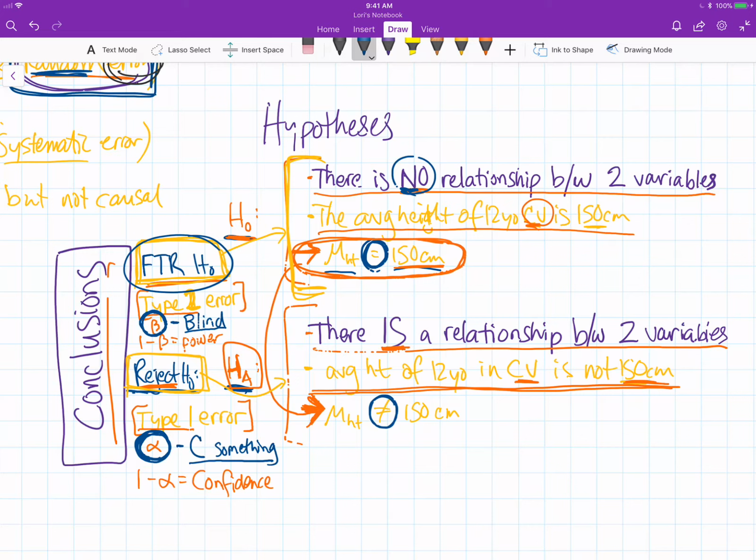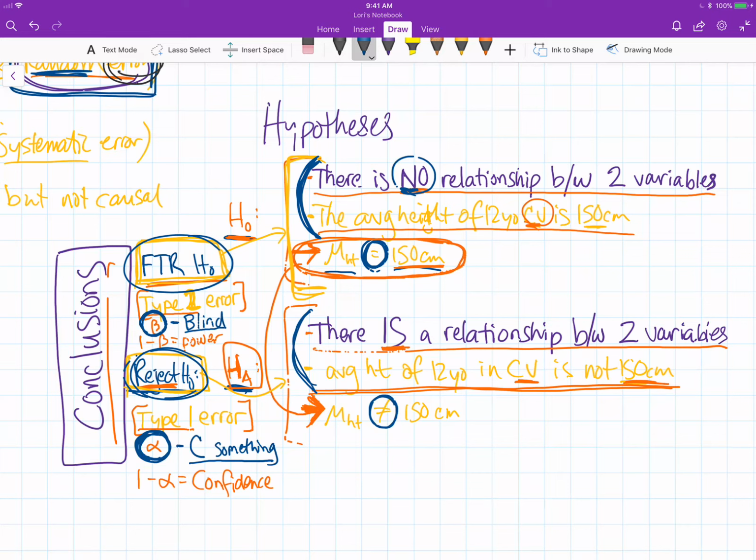Those are a couple of different ways that we could say this in what I would consider interpretive language, not just fail to reject the null or reject the null. Similarly, if we were to reject the null, there are a couple of ways that we could say that. We could say the average height of 12-year-olds in Coachella Valley is significantly different than 150 centimeters.